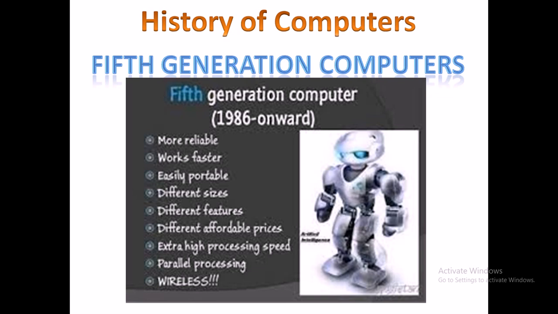These computers are more reliable, they work faster, they are portable in different sizes, different features, and affordable prices are there. They have extra high processing speed and parallel processing, and they are also wireless. All these features are present in the fifth generation computers.